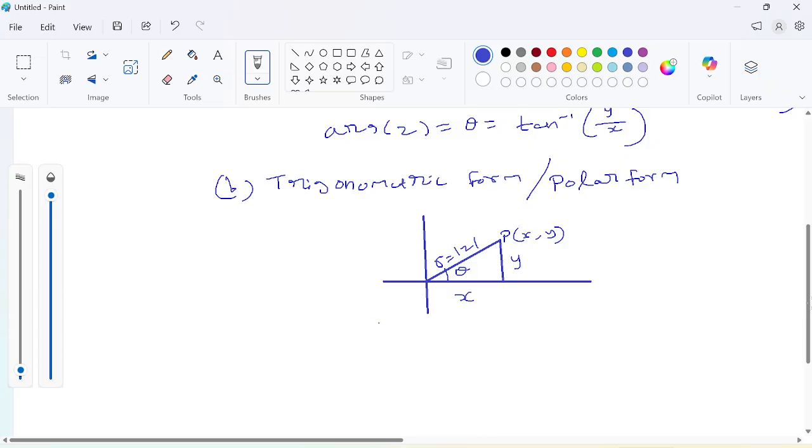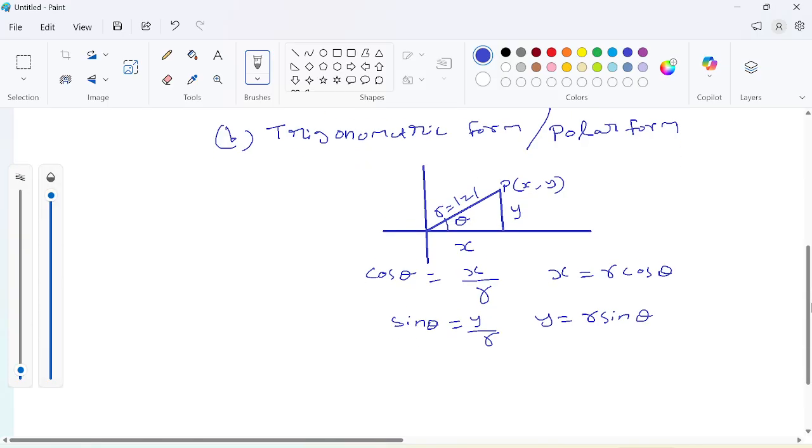Now, what is cos theta? It is x by r, that is, adjacent side by hypotenuse. So x equals r cos theta. What is sin theta? It is y by r, so y is equal to r sin theta.